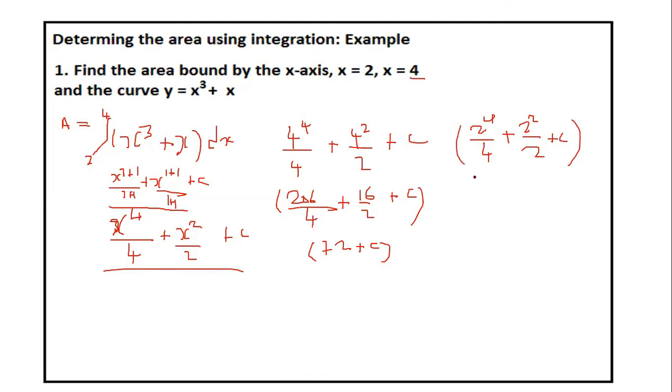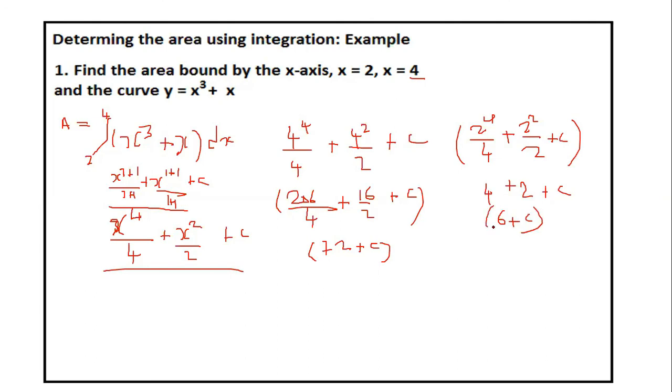Then we evaluate this one. So 2 to the power 4 is obviously 16, and 16 divided by 4 gives me 4, plus 2 squared, which is 4, divided by 2. This one gives me 2 plus C. So I have something like 6 plus C.